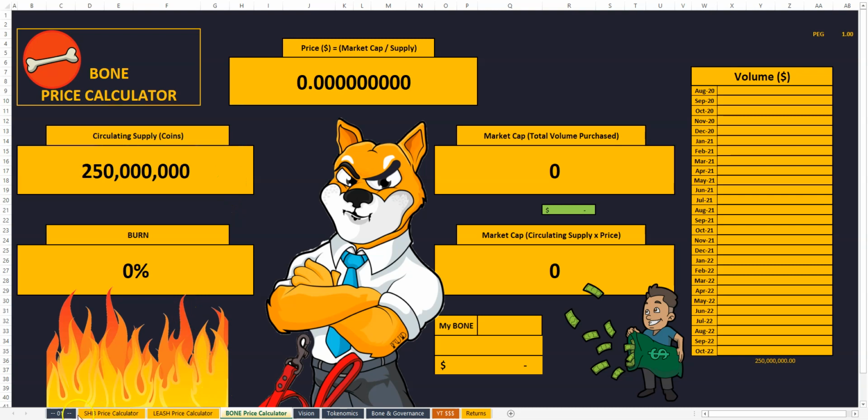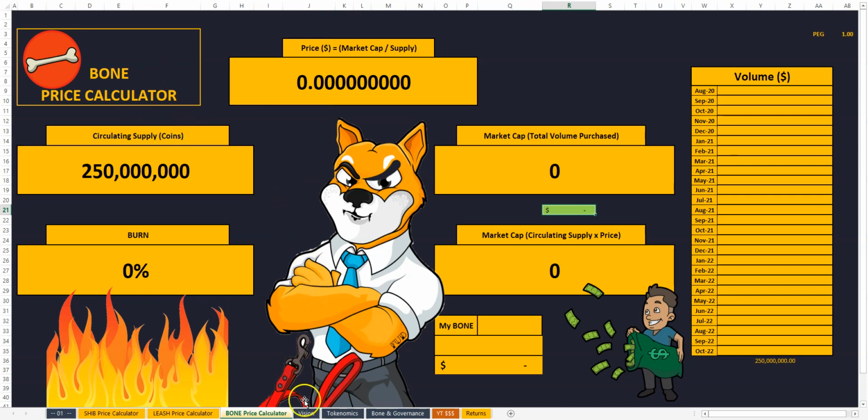So you might think, okay, so what? Well, personally, I think that this is probably the most important token of the Shiba Inu ecosystem.